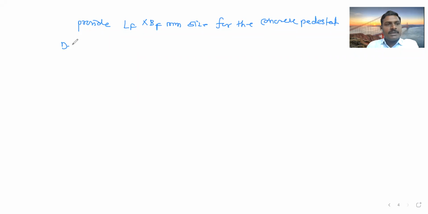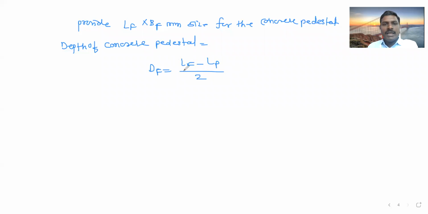So next, depth of concrete pedestal, that is DF, depth of foundation, is equal to (LF minus LP) divided by 2.